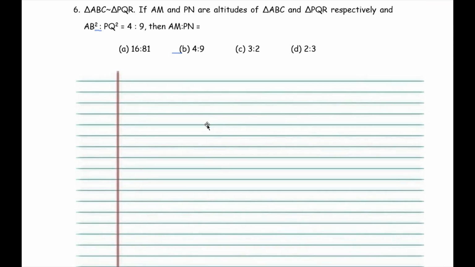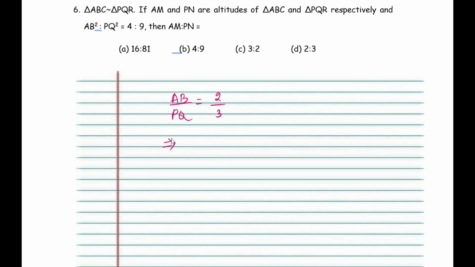Now, moving to question number 6. They have given that triangle ABC and triangle PQR are similar, and AM and PN are altitudes of triangle ABC and triangle PQR respectively. Then they have given AB square is to PQ square is 4:9. Now, AB by PQ is square root of 4 is 2, square root of 9 is 3.